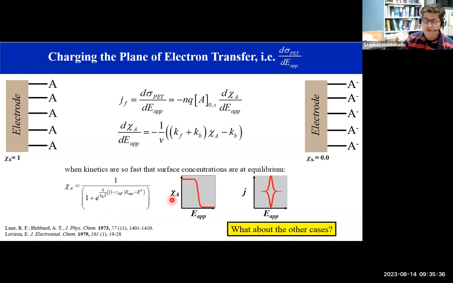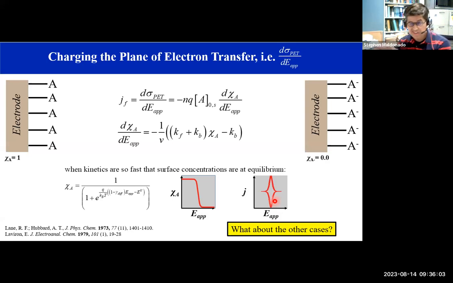If you plotted the fraction of molecules in this oxidized form as a function of potential, all the molecules would start out oxidized until at some point they all transition and become reduced. The derivative of this sort of plot gives you the voltammogram that may be familiar to those of you who've done experiments like this on a metal electrode. You get two Gaussian-type looking functions that are normally stacked right on top of each other.